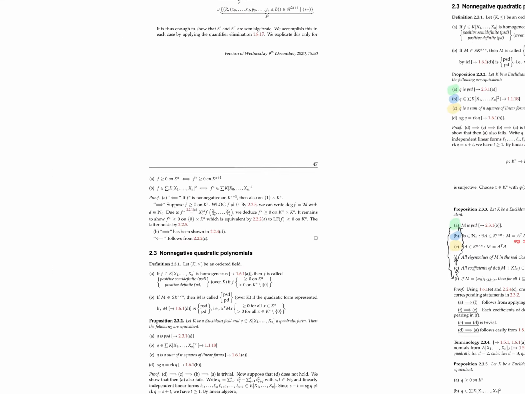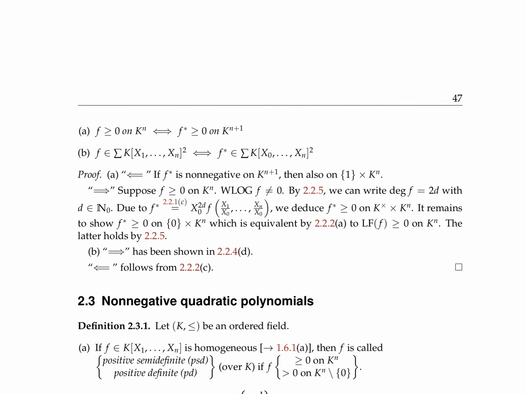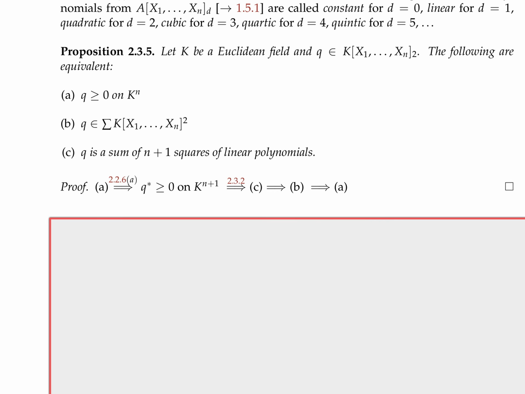That was here, right? That was even over an ordered field. Here we have a Euclidean field even, right? So it doesn't matter if you look at a polynomial or its homogenization, neither for non-negativity, nor for being a sum of squares.